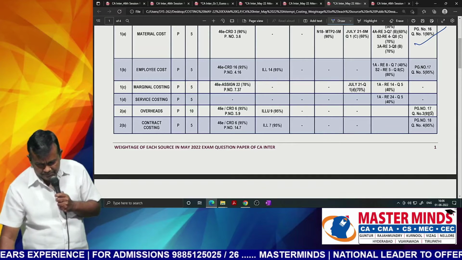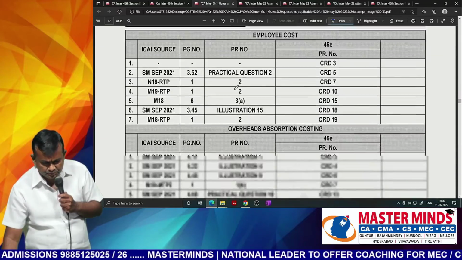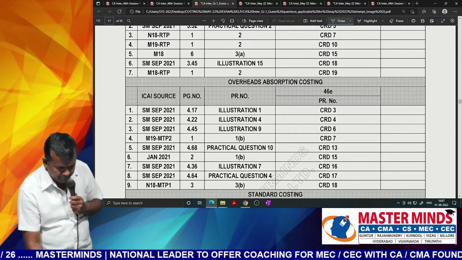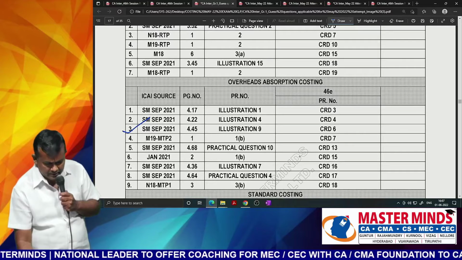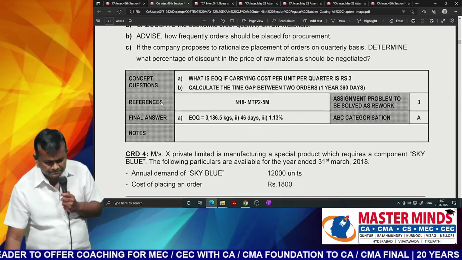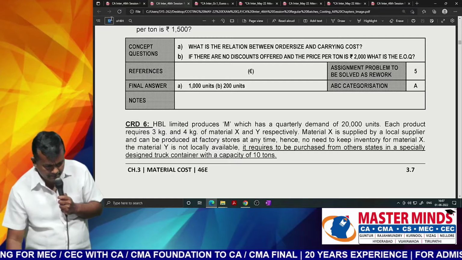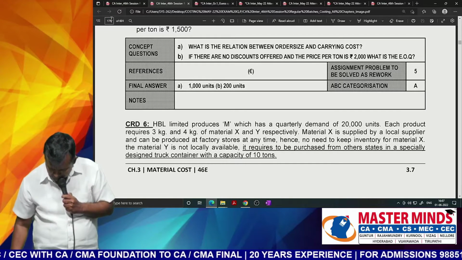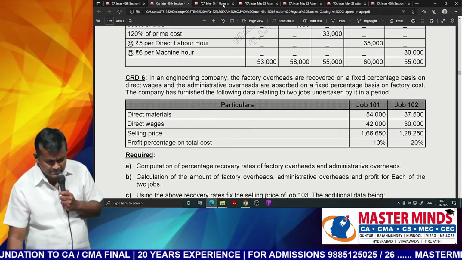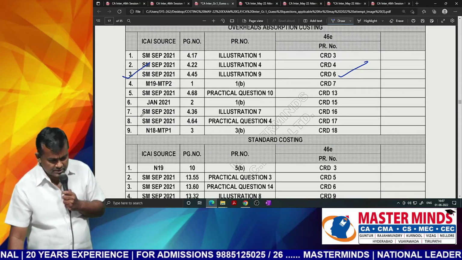Next, overhead. So in guess questions, question number 3, CRD 6. Overhead chapter, page number 179. So, question number CRD 6. In the overhead chapter, total guess questions are 9, sir.